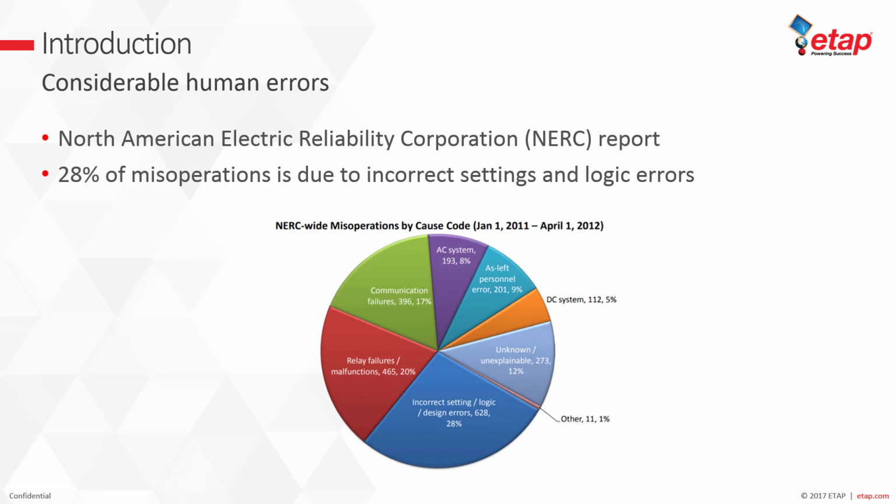Human errors in relay settings and logic could not be found as relay testing using a common test kit is limited and does not simulate or test all possible scenarios.